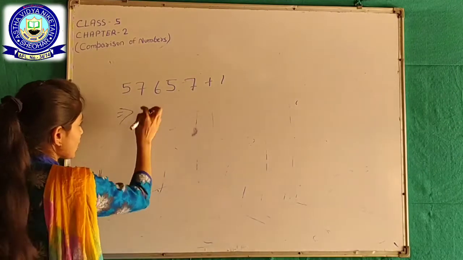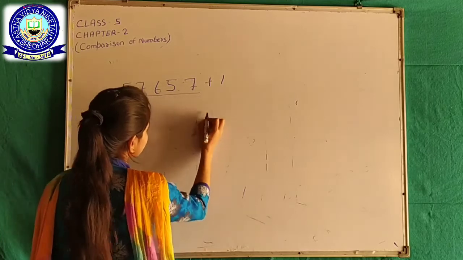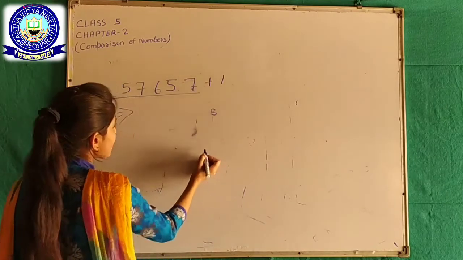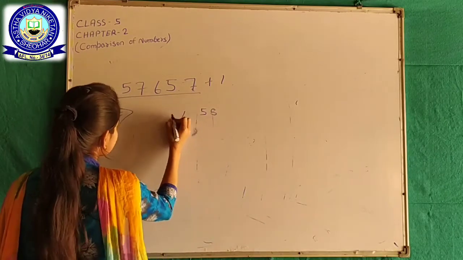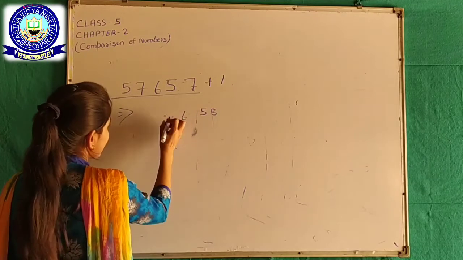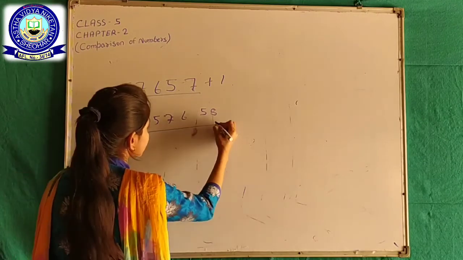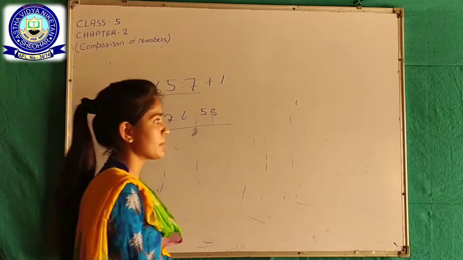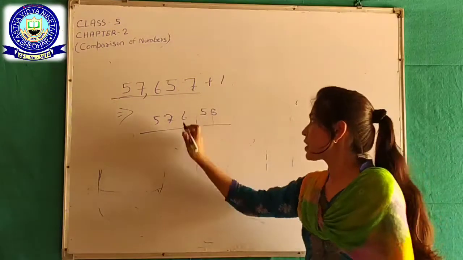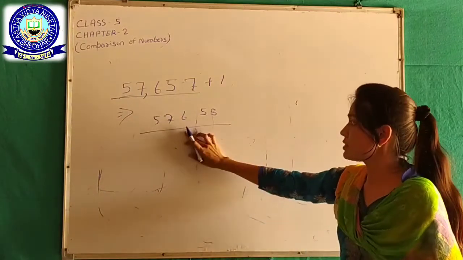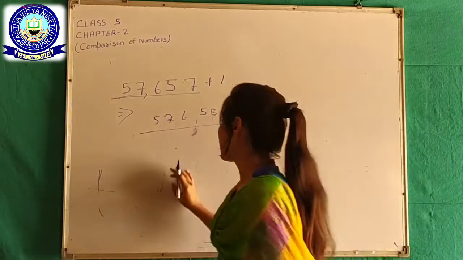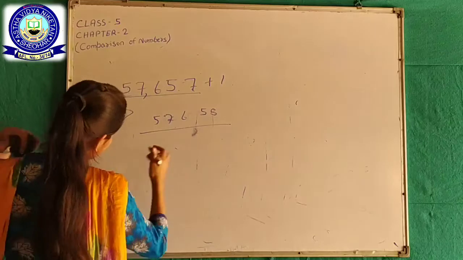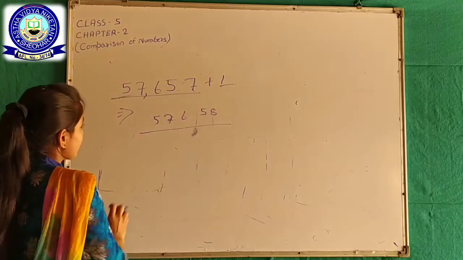You get the successor of these numbers. 7 plus 1 equals 8, then 5, 6, 7, and 5. This is the successor of this number, 57,657, and the successor of this number is 56,658.